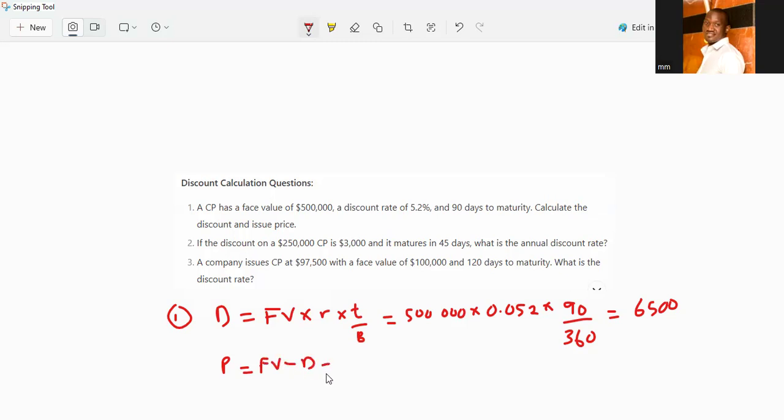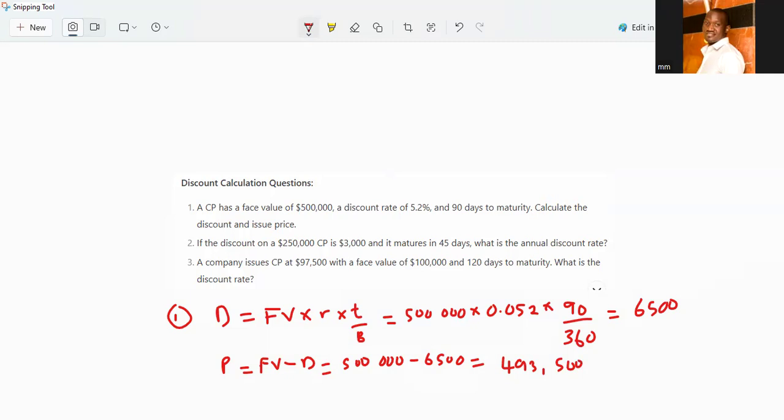Our face value here is 500,000 minus the discount, which is 6,500. What do we get? 493,500. So that is how we calculate the issue price.